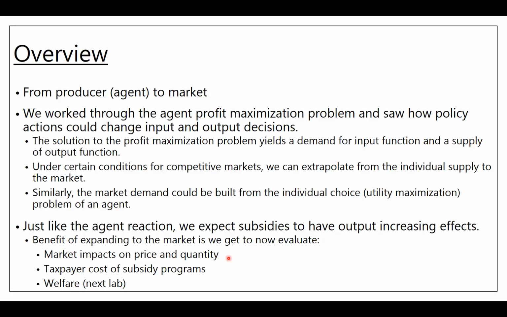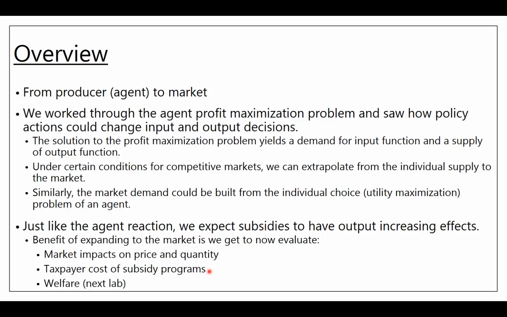If we scale up all the producers and their behavior is to increase quantity, then we expect a market price impact. We expect prices to actually fall. And so that's the one limitation of the agent problem: they are price takers, but at an aggregate level, if they all behave the same way or increase output, they will lower the price. And so that's why we have to get to this case.